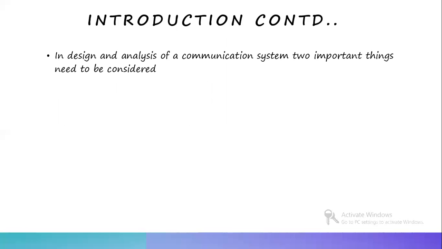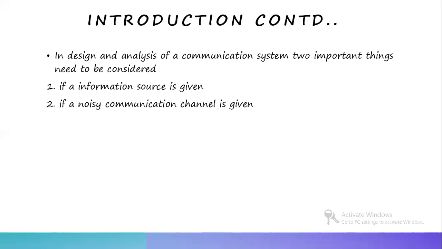The first one is the case where an information source is given, and the second one where a noisy communication channel is given. When an information source is given, we need to think how to evaluate the rate at which the source is emitting information. What if a noisy communication channel is given? We need to think how do we evaluate the maximum rate at which reliable information transmission can take place over the channel.